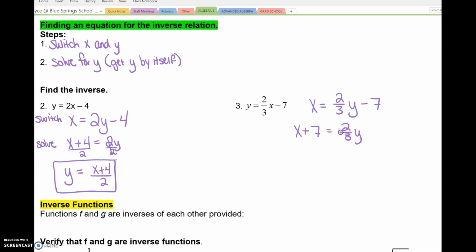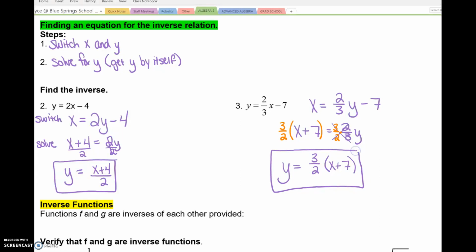Instead, we multiply by the reciprocal. And on the left side, we'd have to multiply that whole thing by the reciprocal. That would cancel that. So we have y equals 3/2 times x plus 7. That's our answer.